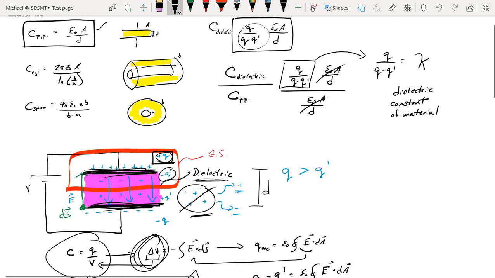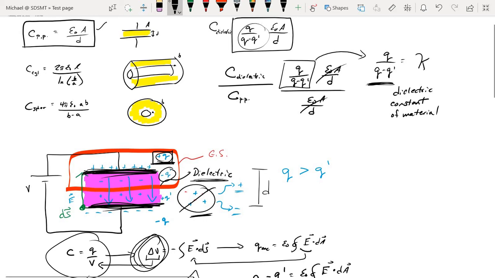The greater the difference in the charge between the plate and the migrated values, the greater this value is, the smaller the denominator becomes. And the smaller the denominator becomes, the greater the quotient becomes.